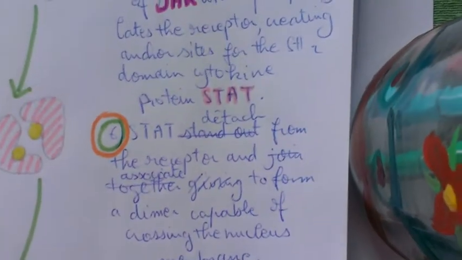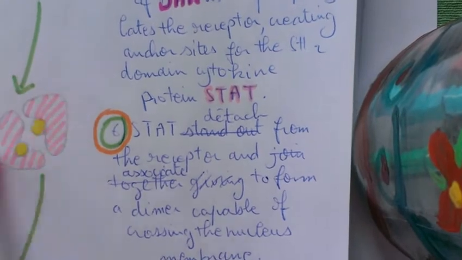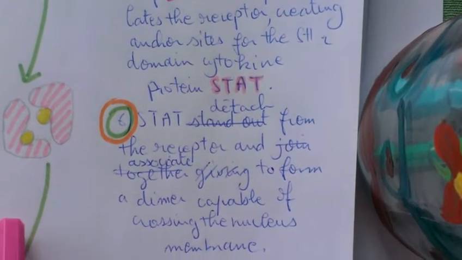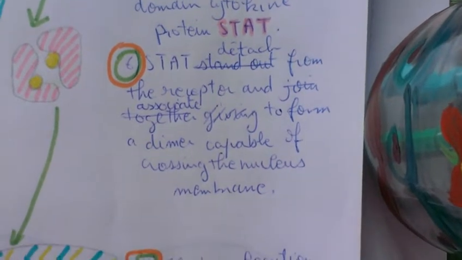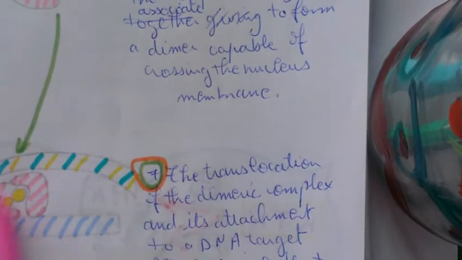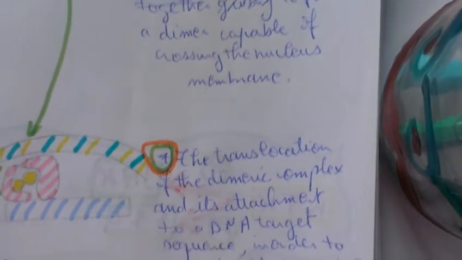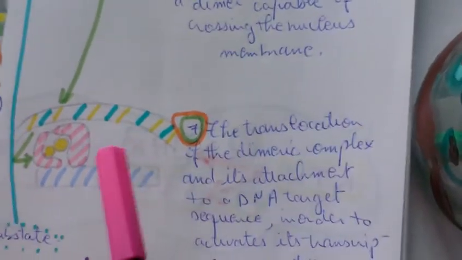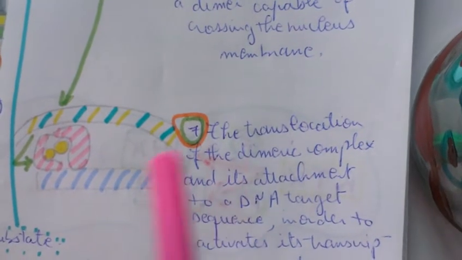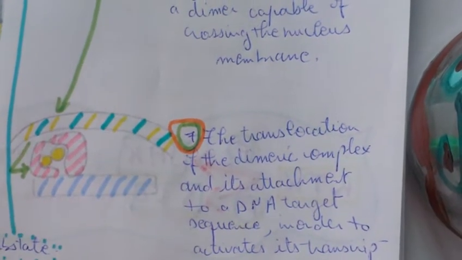After, we've got STAT detach from the receptor and associate to form a dimer capable of crossing the nucleus membrane. Here it is, it crosses the nucleus membrane. We call this translocation. Translocation. It means change of location.